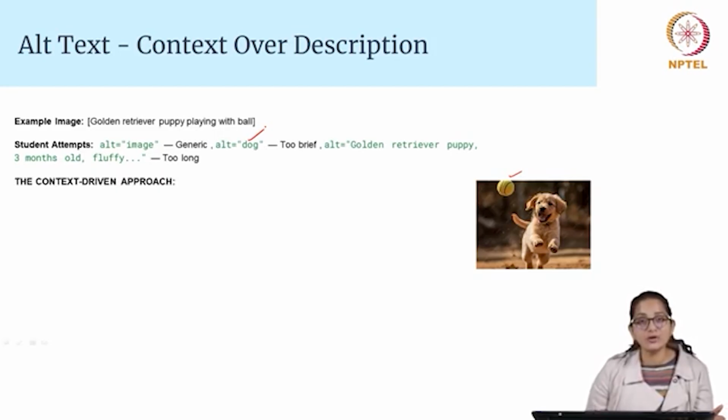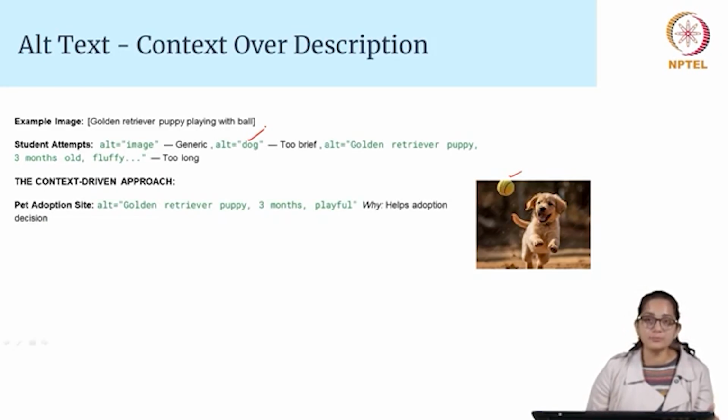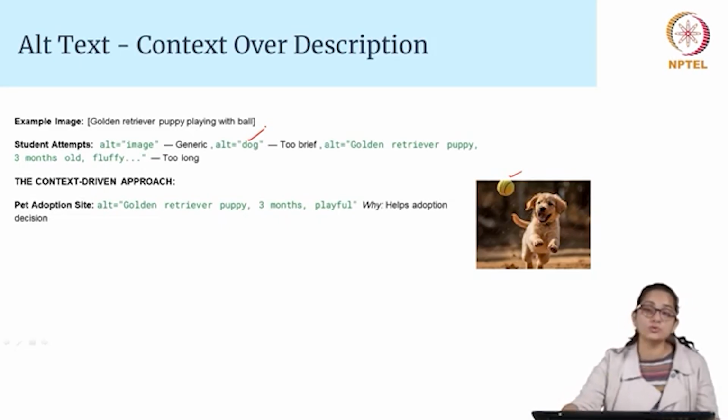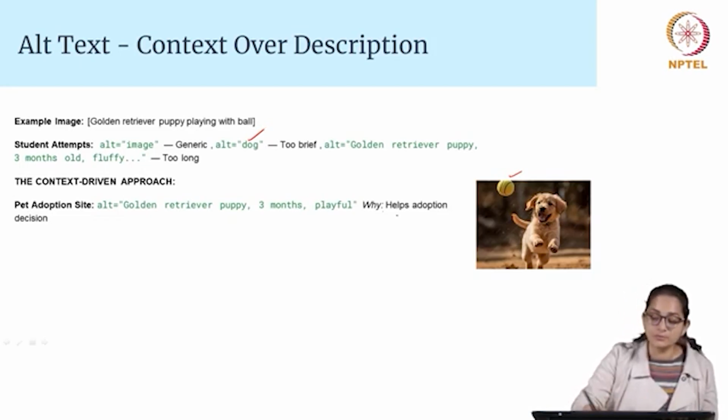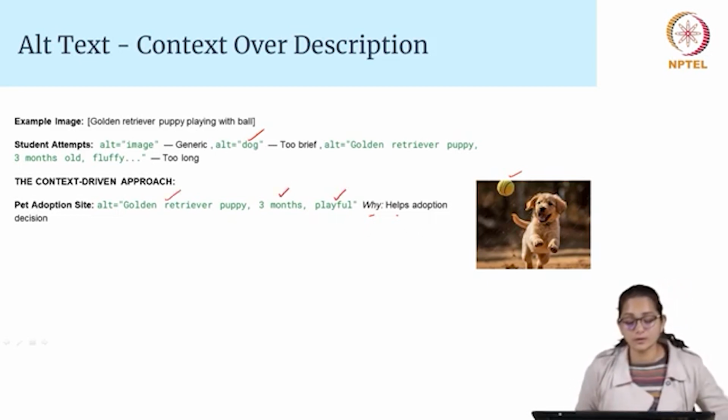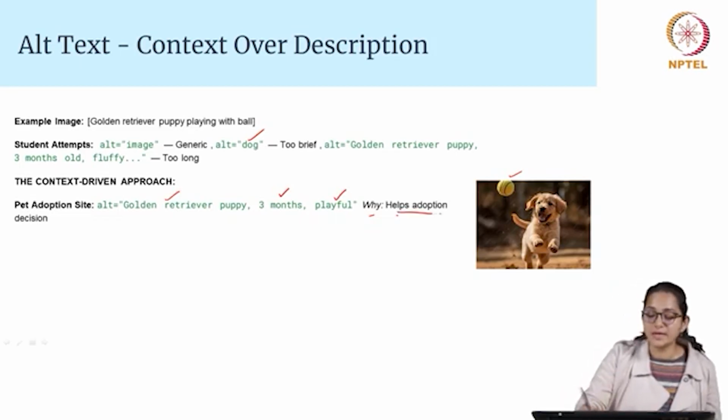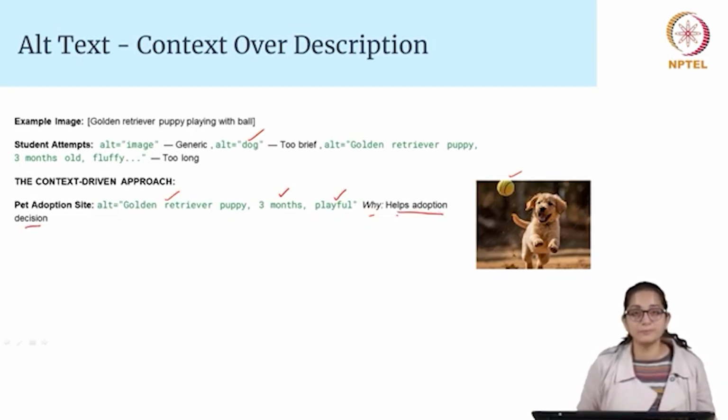So talk about the context driven approach. Say for example, this image is located on a pet adoption site, right? Then it says golden retriever puppy, 3 months, playful. We are talking about playfulness, age, and the description of the breed because it helps the adoption decision, the playfulness part, the age part, both of these.